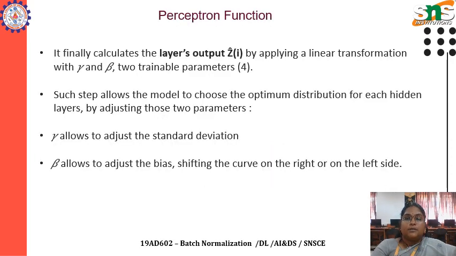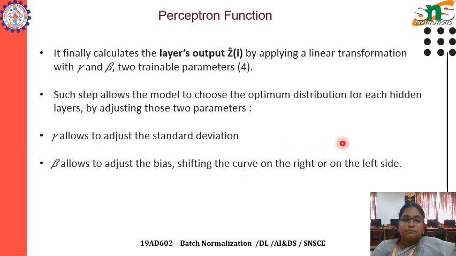And the perceptron function, the neuron function, calculates the output z^(i), the layer output, applying a linear transformation of alpha and beta. Here, as I said, I'll be telling you what alpha and beta are. Alpha is a standard deviation, which allows us to adjust the standard deviation, and beta allows us to adjust the bias value, shifting the curve to the right or to the left.